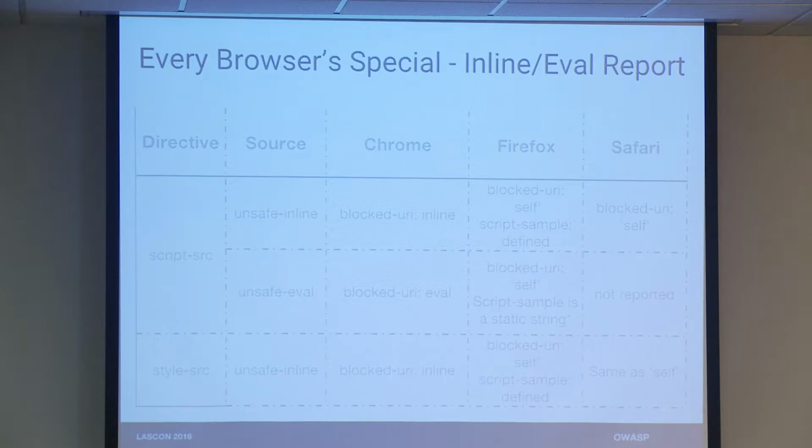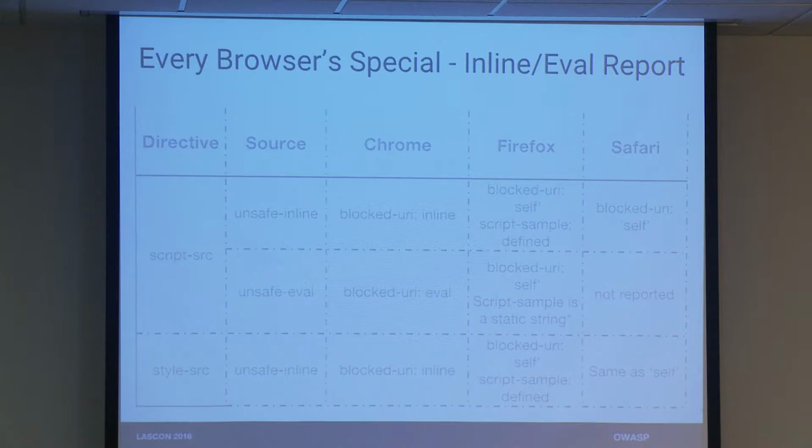So for unsafe inline and eval, one of the problems we ran into early on was the browsers definitely don't report this consistently. Chrome will report it pretty clearly as the blocked URI, inline or eval. Firefox will report it as self no matter what.